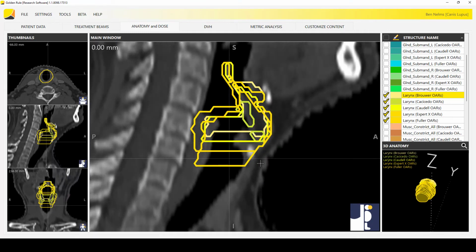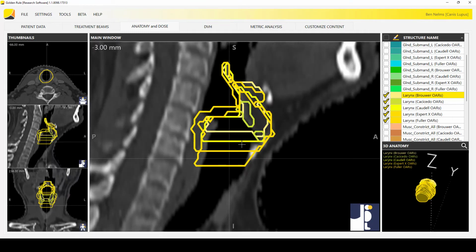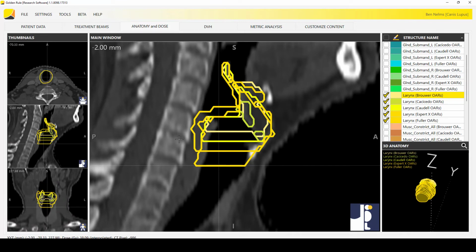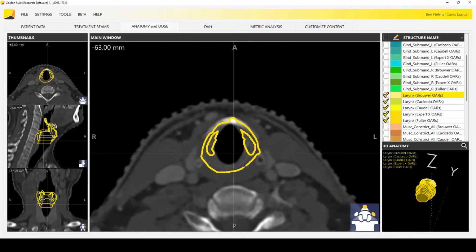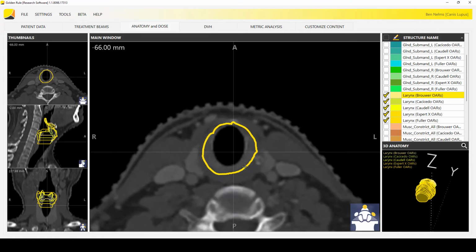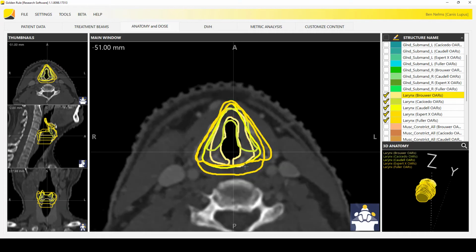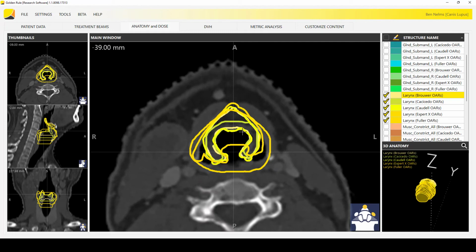There's a sagittal view. So yeah, some differences of opinion on the inferior border. Let's go down to the very edge and kind of work our way up slice by slice. So this is one person's contour, and then other people start to come in. And then, you know, we see different shapes.